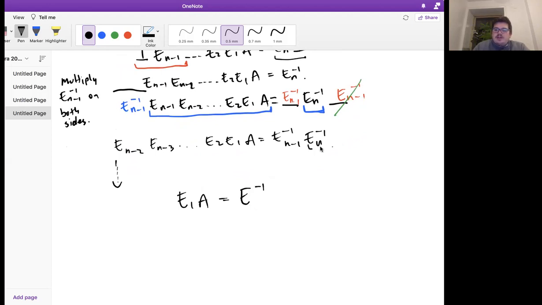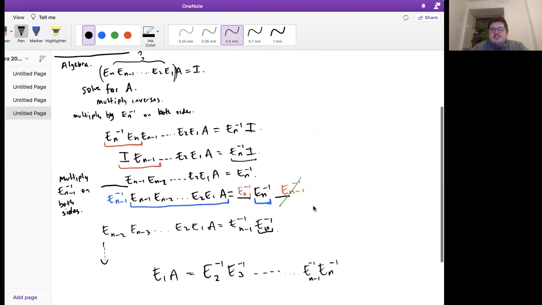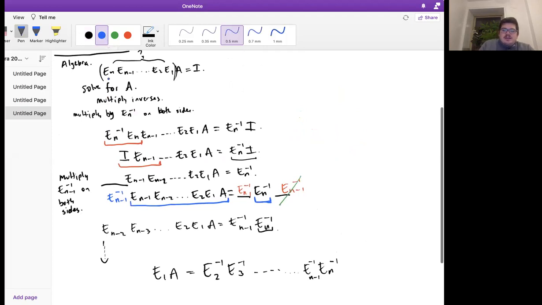N is the one out here on the rightmost, right? Yeah, so it's E2 and then E3 inverse. No, it's different. Here we multiply, and it looks like it's decreasing, n minus 1, but when you do the inverse, because of how you're multiplying it, the order is reversed.